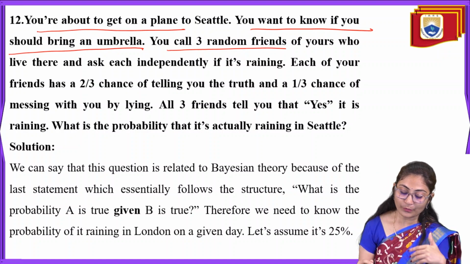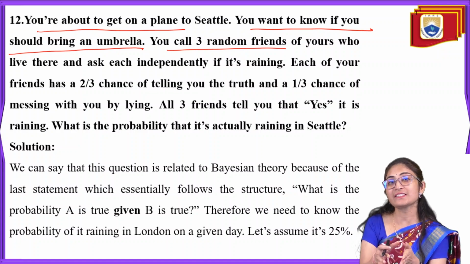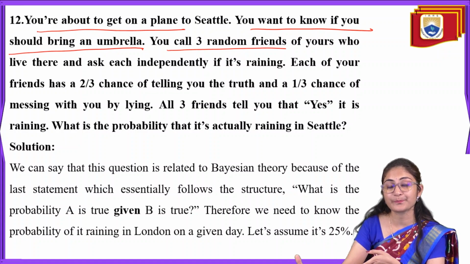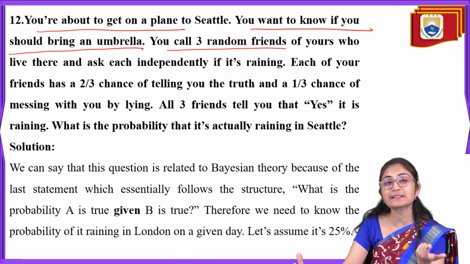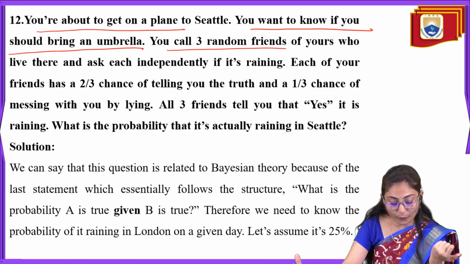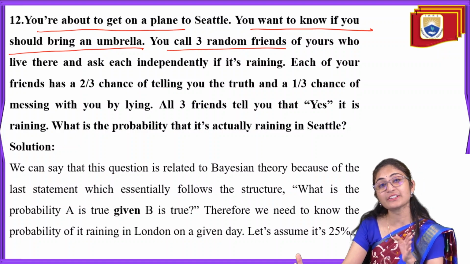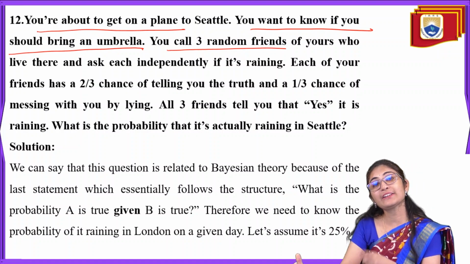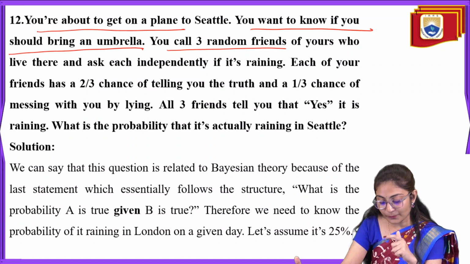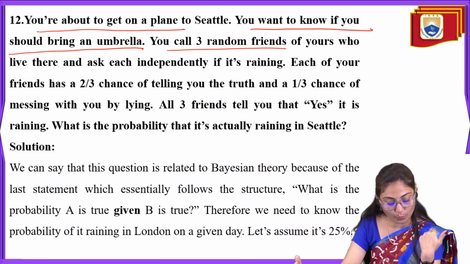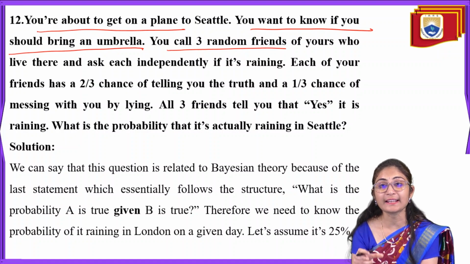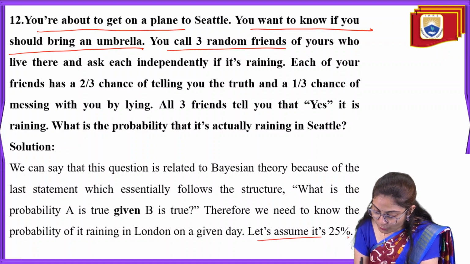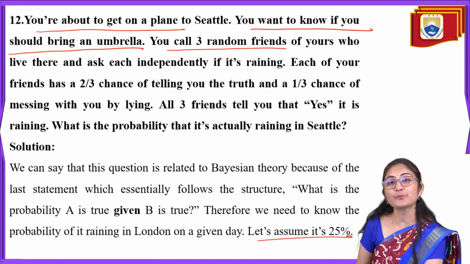So here we can say that this question is totally related to Bayes' theorem, because the last statement is showing the particular structure: what is the probability of A given that B is true? So we need to know the probability of raining on the given date. Let's assume that it's 25%.